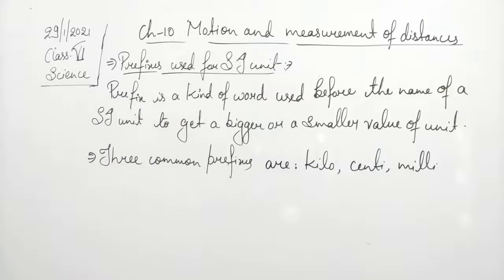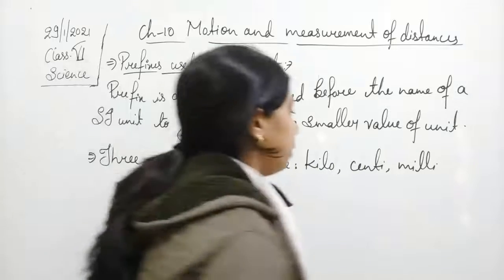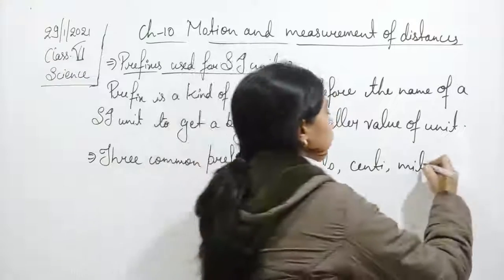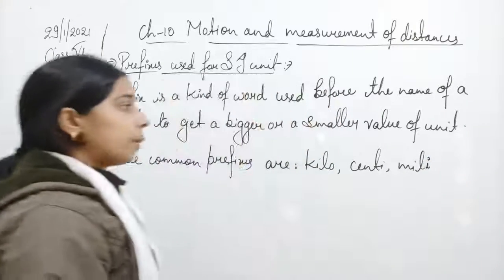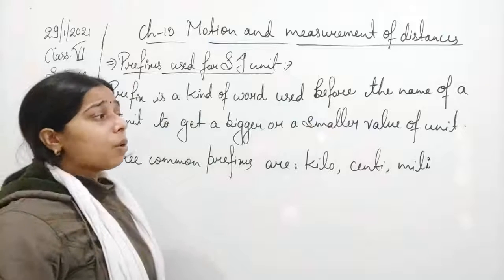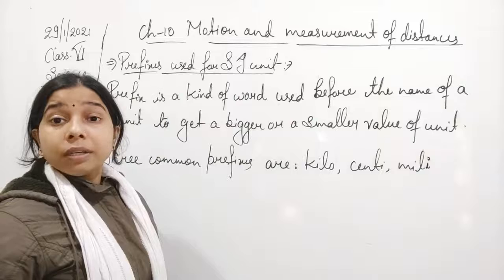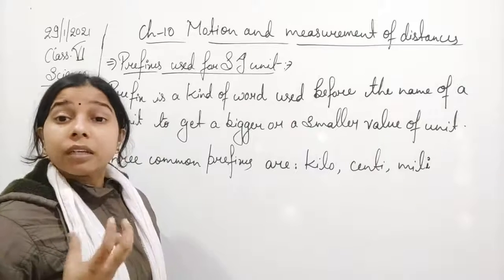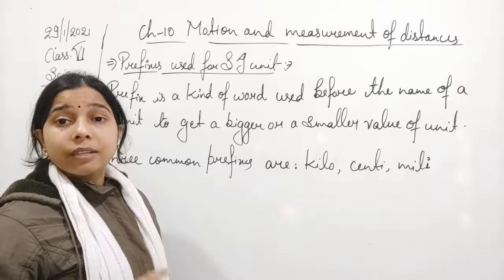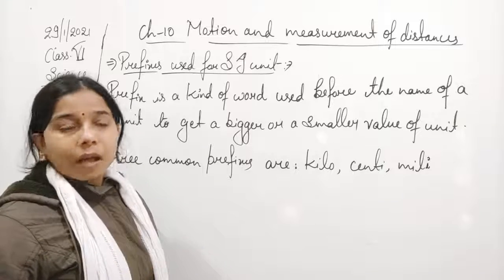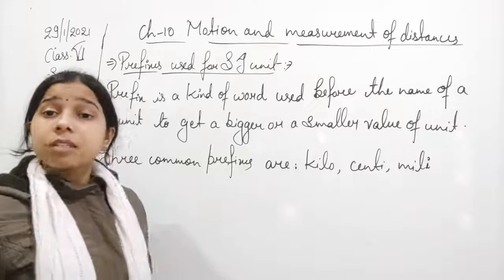These are the three prefixes that we use with the SI unit. When you attach them to the SI unit, either the value increases, and then we say it makes a bigger unit, or it decreases the value, and then we say it makes a smaller unit.